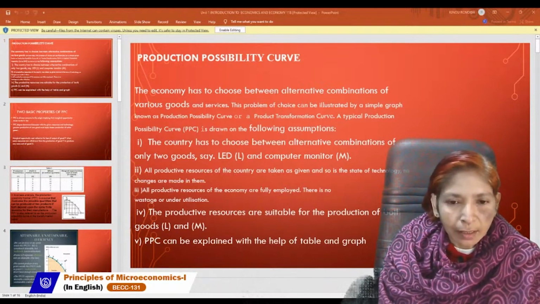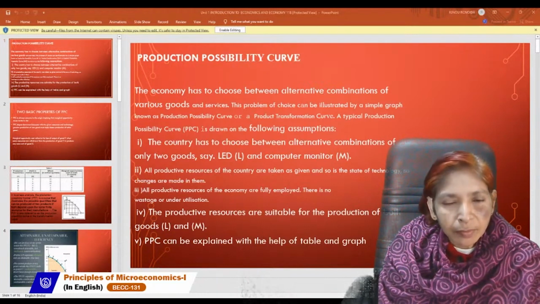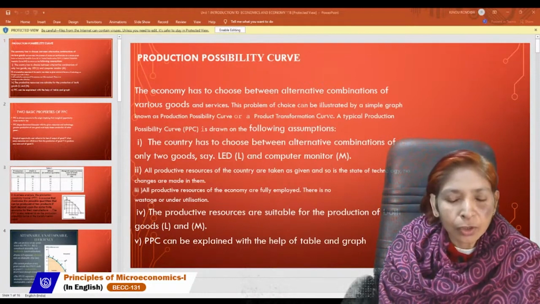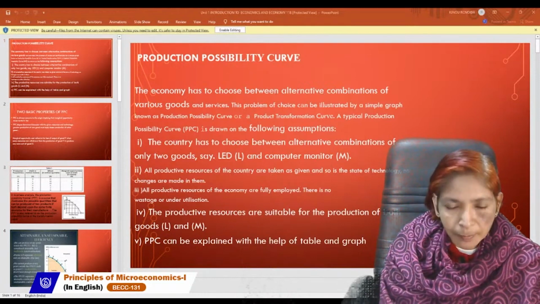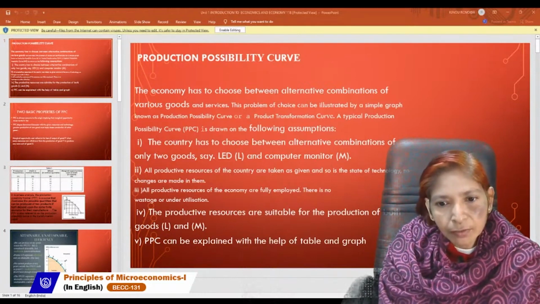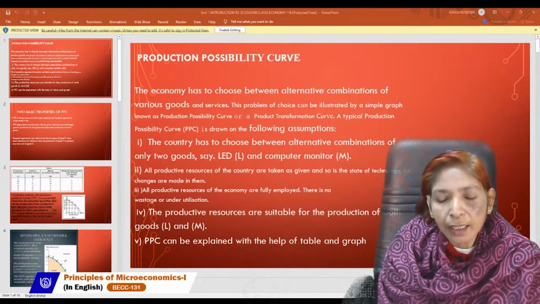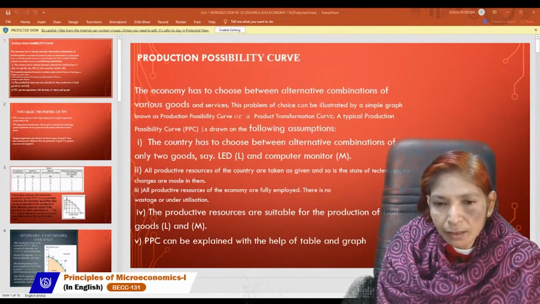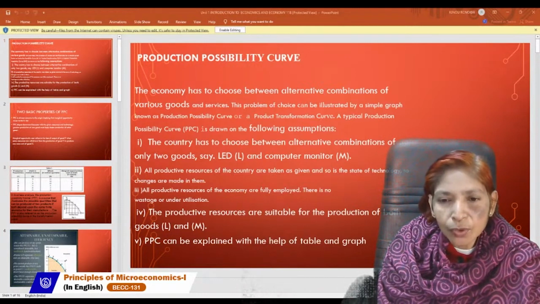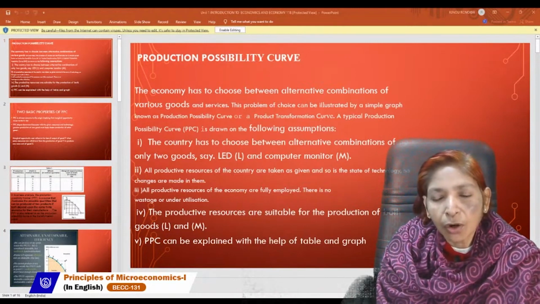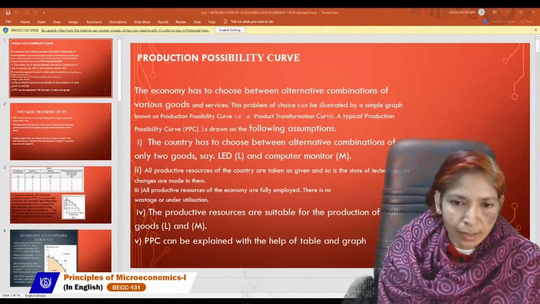If any point lies inside the PPC curve, that shows attainable output but underutilization of resources. And if any point, for example point G, lies outside of this curve, this outside point shows unattainable output, or growth of resources.